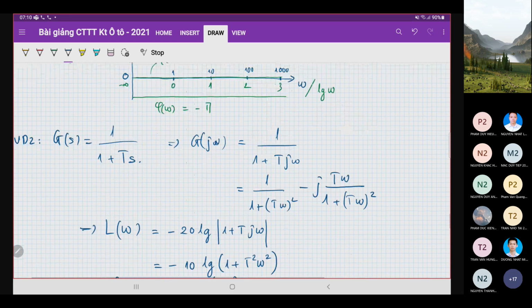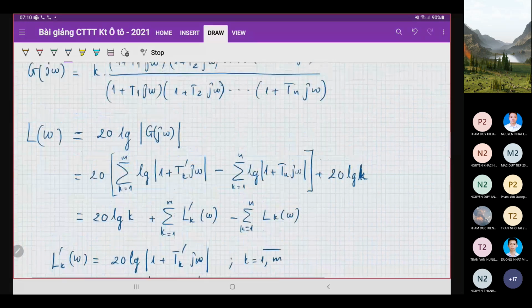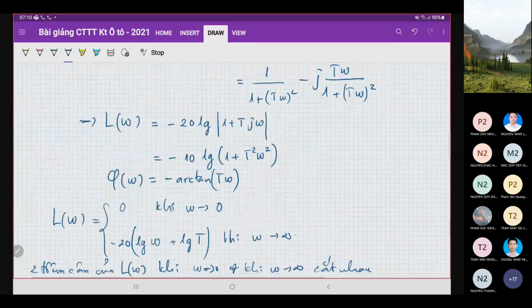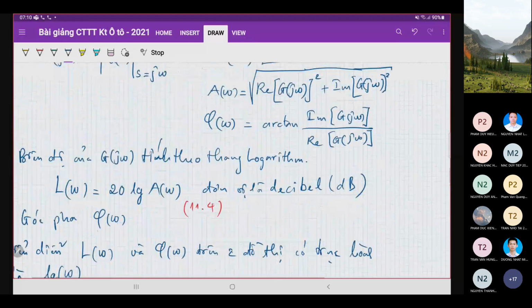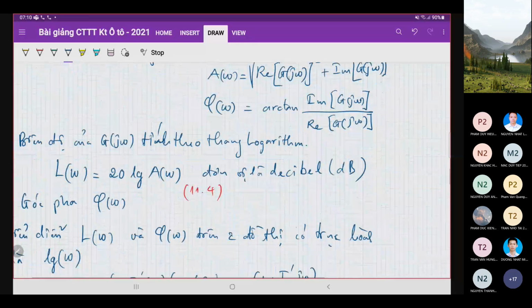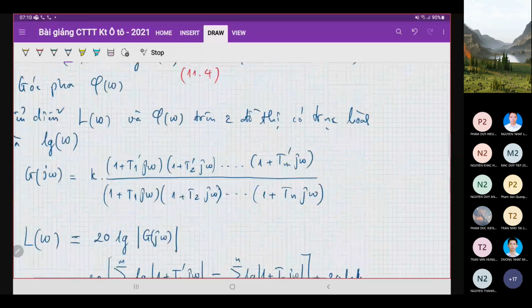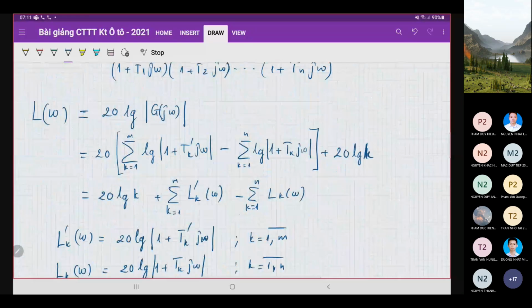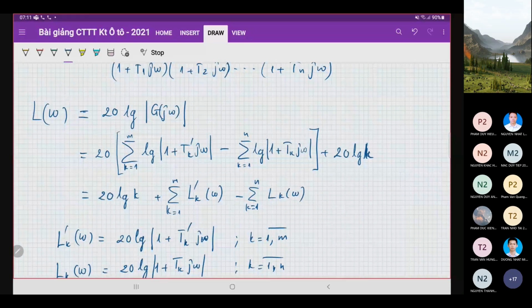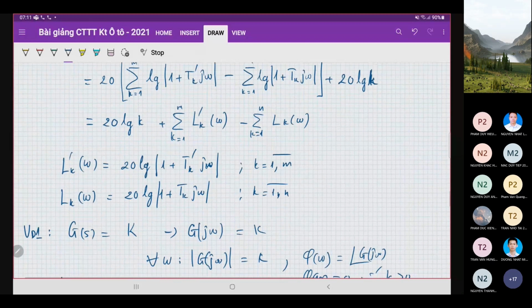Okay, and then L(ω) will be equal to the sum of the L(ω) of the numerator polynomials minus the sum of the L(ω) of the denominator polynomials.